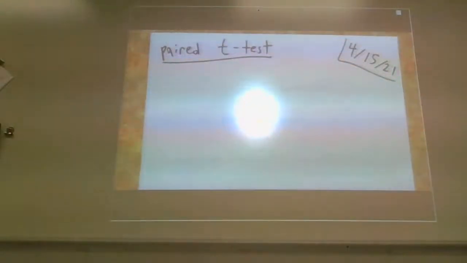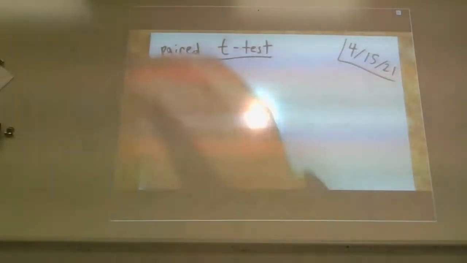Now, yes, they do want me to perform a confidence interval. Just for the sake of argument, I am going to write out my hypotheses first.